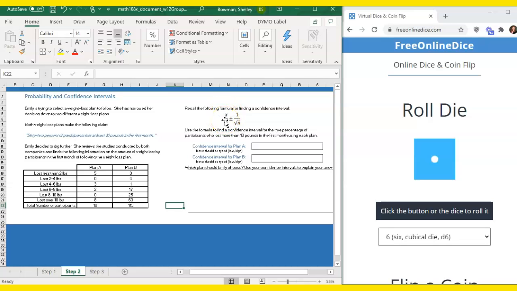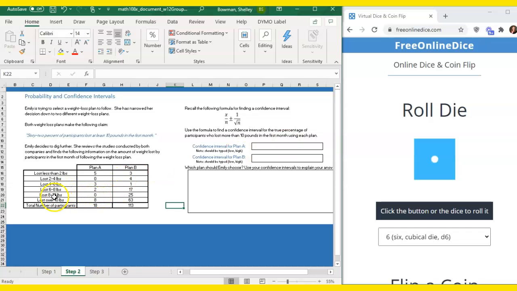So the first thing I'm going to do is find what x, or number, I'm interested in looking at. We're using this formula to find the confidence interval for the true percentage, like a population, not just the sample, the true percentage of participants who lost more than 10 pounds in the first month using each plan. So we want 10 pounds or more.